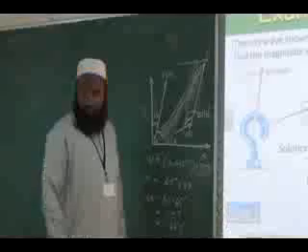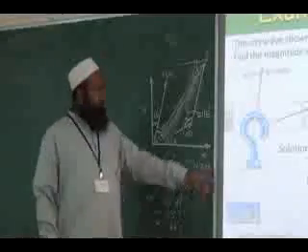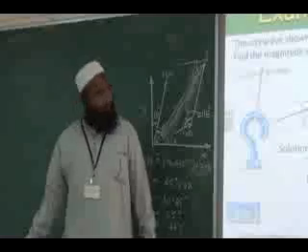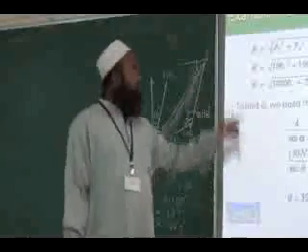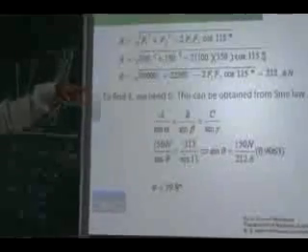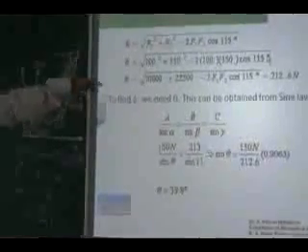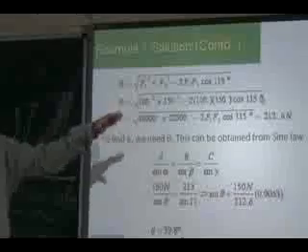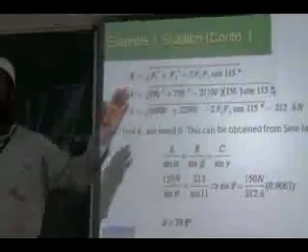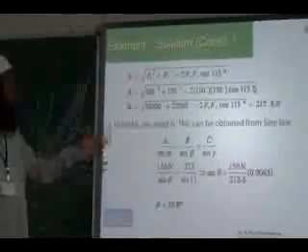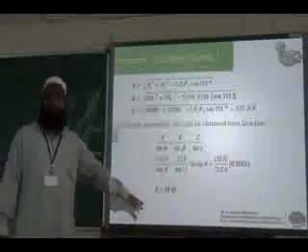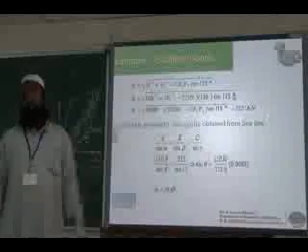Now we have to apply the cosine law. R equals F1 squared plus F2 squared minus 2 F1 F2 cos 115. Okay, we got the resultant vector R equals 2.26 Newton. So the magnitude of the resultant vector is obtained, and in order to find its angle, we go for the sine law.